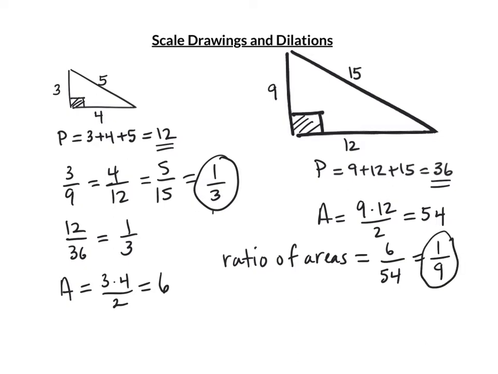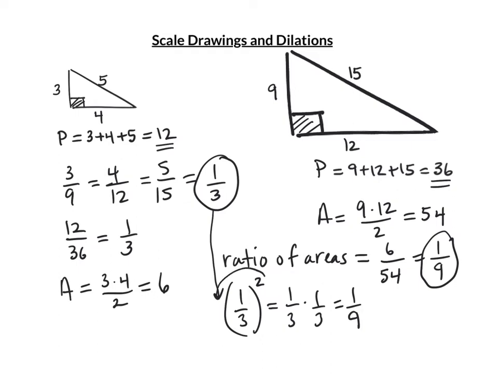The thing I want you to notice is if I take the scale factor, that's 1 to 3, and I square it, I'm going to square them both, or I can look at this as just 1/3 times 1/3, which is 1/9. If you square the scale factor in two similar figures, you get the ratio of the areas.